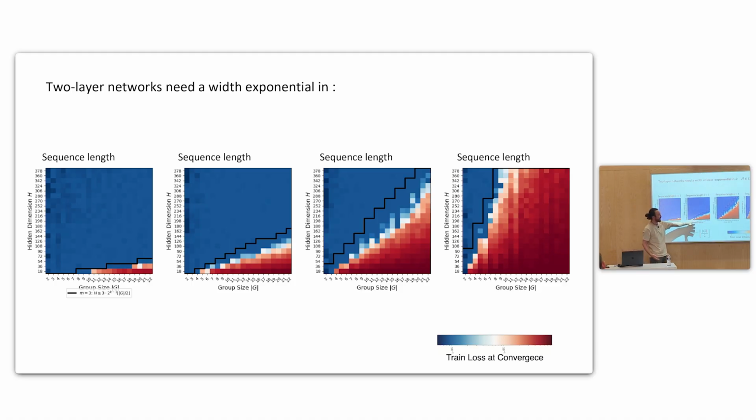But now I need maybe 12. And then maybe here I need 36. And over here I need like 100. I don't know, actually. But this is the value that you would need, and you can see that's this black line here. As k gets bigger, that black line goes up quite a bit and indeed seems to track what we find empirically. Above that black line, the network can learn it. Below that black line, the network can't. In the middle, around the black line, it can do some stuff.